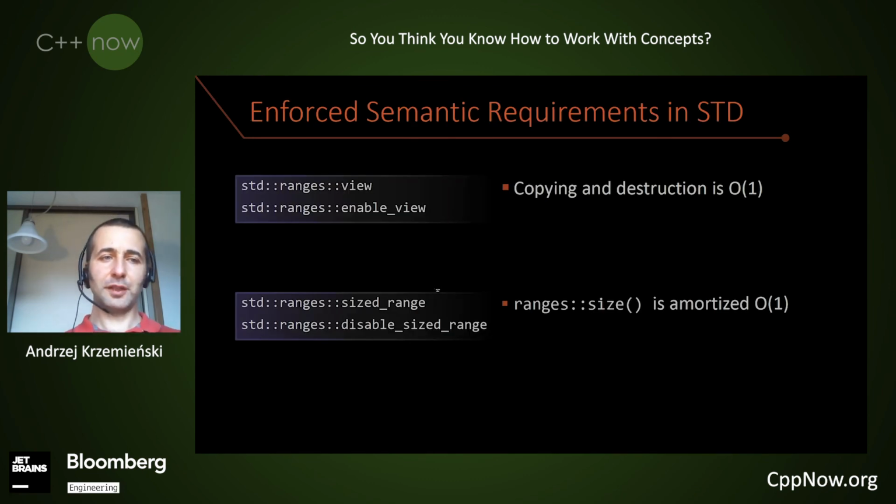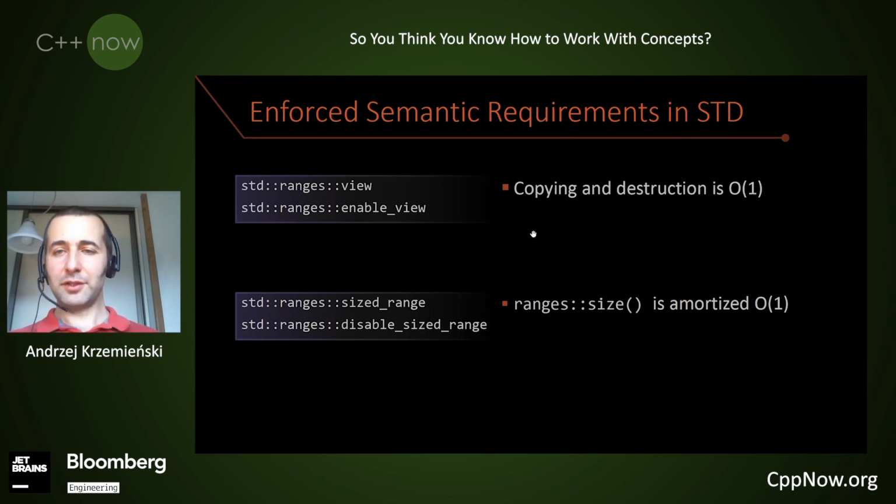Like we have two concepts, view and range, which actually differ only that the view should be cheaply copyable and destructible. So it has to have a constant complexity. Complexity requirements is another semantic requirement that we cannot directly express in the concept.